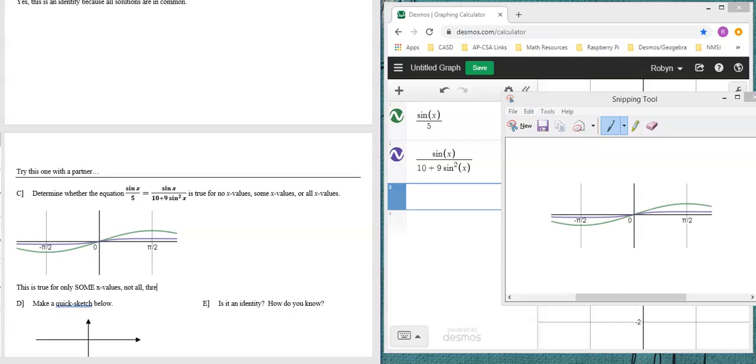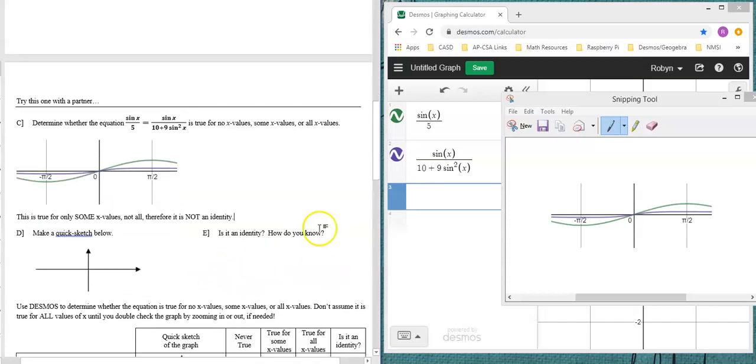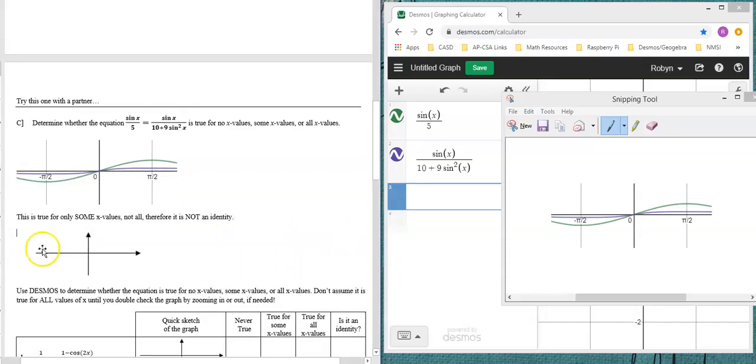Therefore, it is not an identity. And that'll take care of our answers to D and E then.